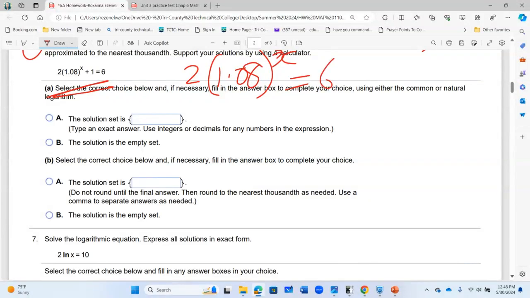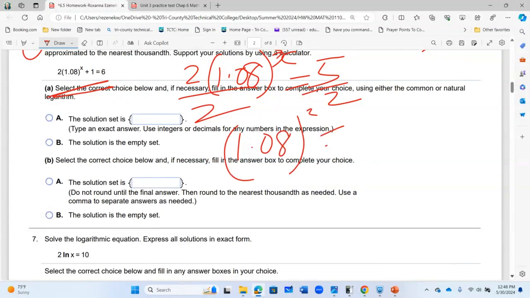So 6 minus 1 is 5. I can just write 5, so that makes my world easier. Then divide both sides by 2. So I have 1.08 to power x is equal to 5 over 2.